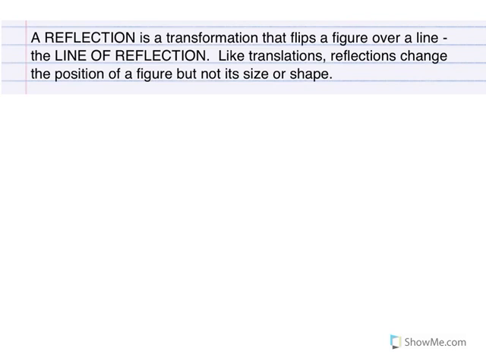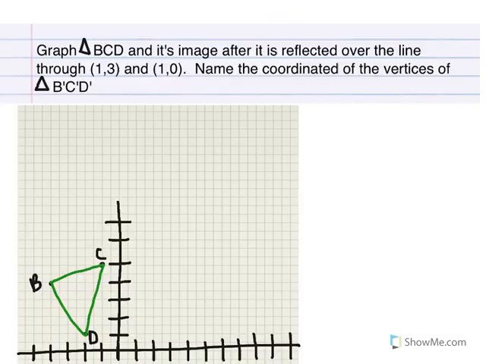Alright, so let's do an example. Okay, I'm asked to graph the triangle BCD and its image after it is reflected over the line through 1, 3, and 1, 0. Name the coordinates of the vertices of BCD prime.